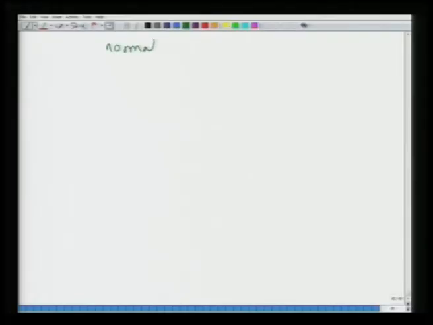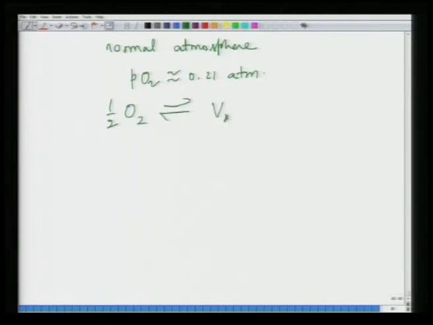Under the normal atmosphere case, PO2 will be equal to 0.21 atmosphere. We treat this as an oxidizing condition. Under these conditions, half O2 goes in, giving rise to V_Mg plus O_O^X plus 2H dot.